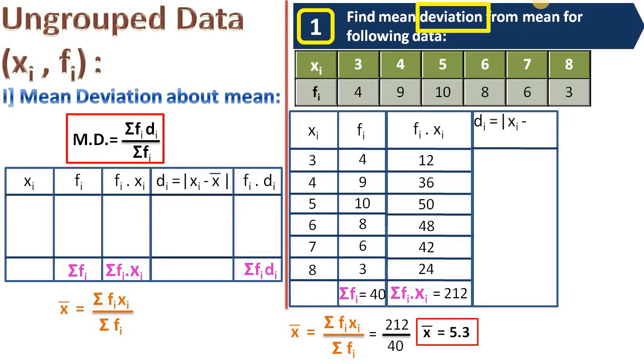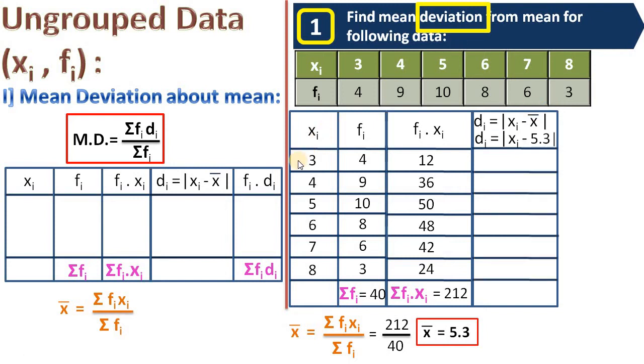So subtract this mean x bar from each observation xi. Carefully subtract the mean from each observation xi. Now the first xi is 3, which is subtracted from the mean, 5.3. So 3 minus 5.3 is minus 2.3, and because of the absolute or modulus sign, it becomes 2.3.